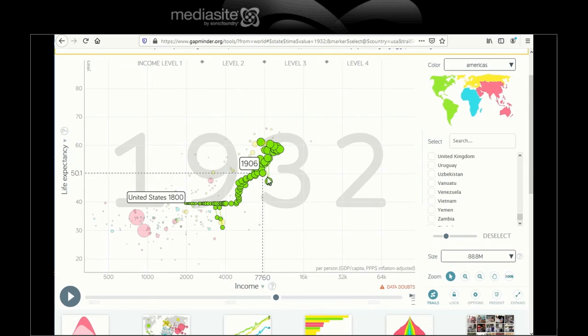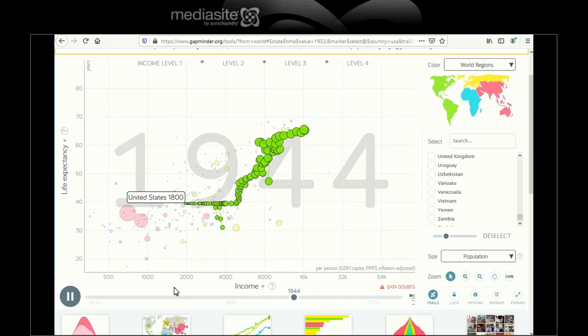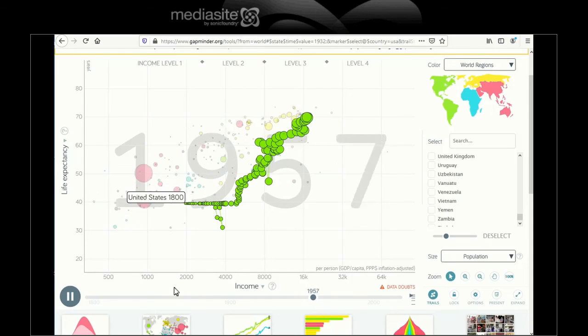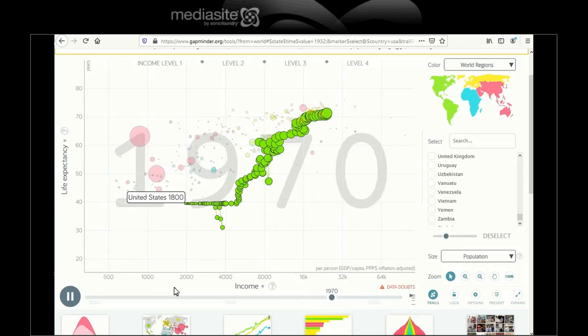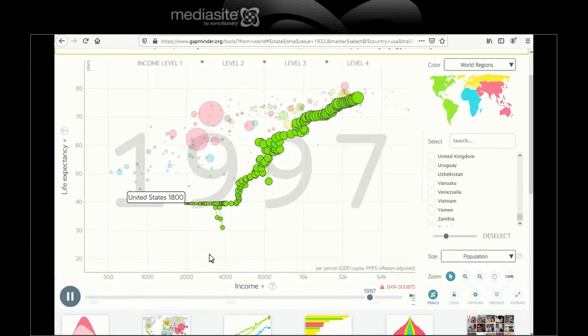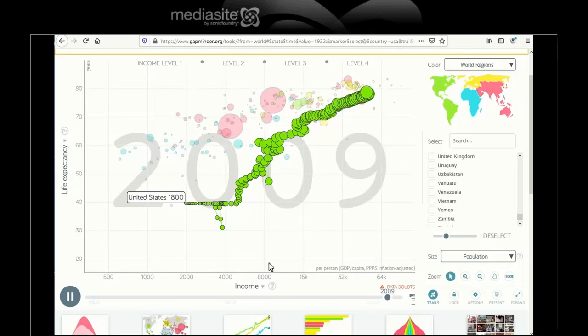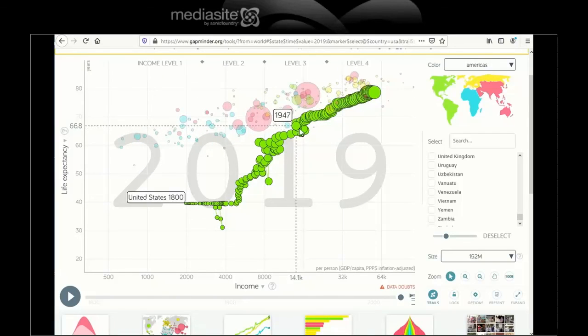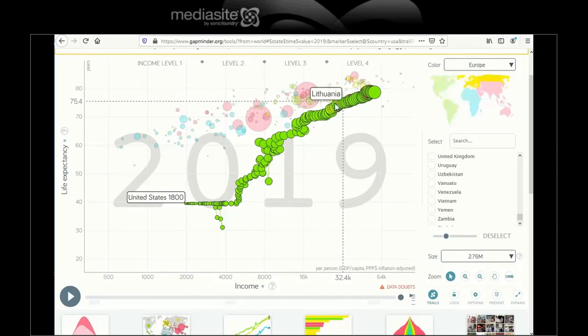That is the Spanish flu there. Onward and upward. I'll let you track it, and also look how the circles are getting bigger, also showing the increase of population.